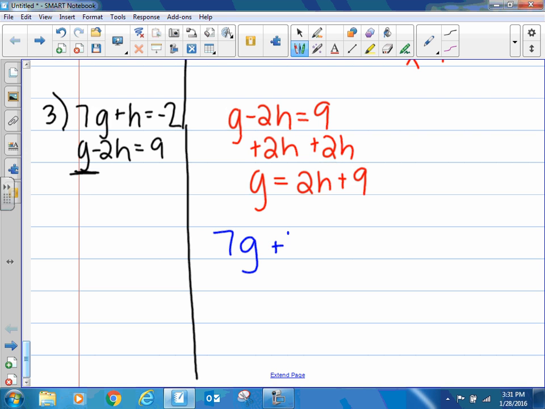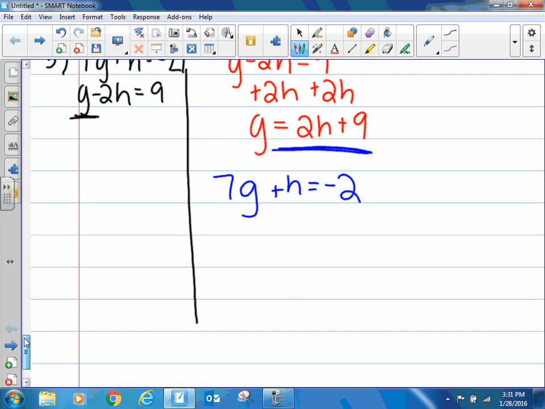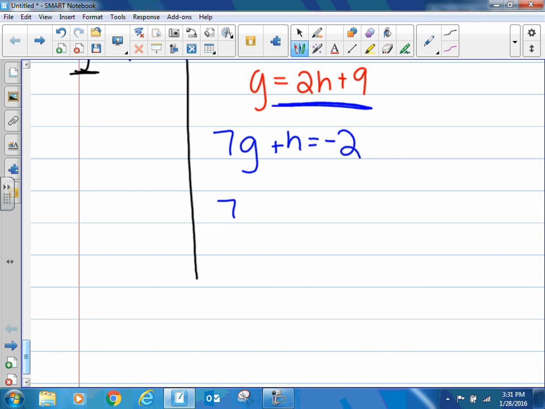I started with 2. I'm going back to equation 1. 7g plus h equals negative 2. And I know what g is. We just found out what g is. So I'm going to go ahead and plug that in for g. 7 times (2h plus 9) plus h equals negative 2. And now I just have to solve for h.